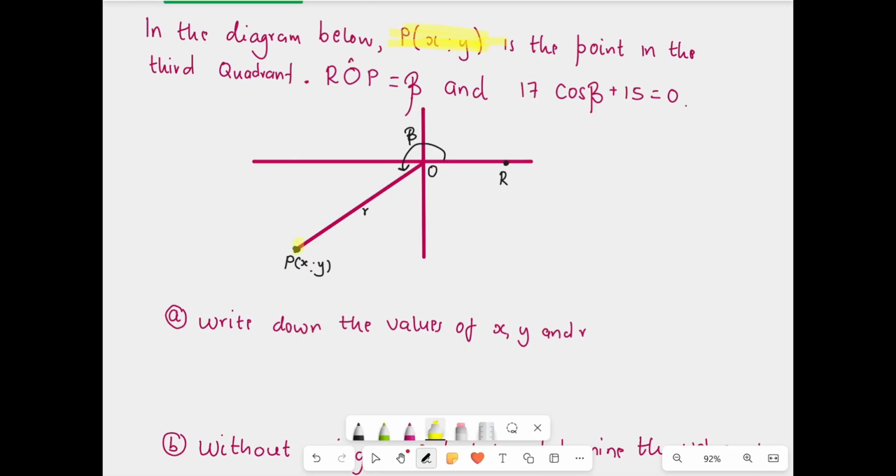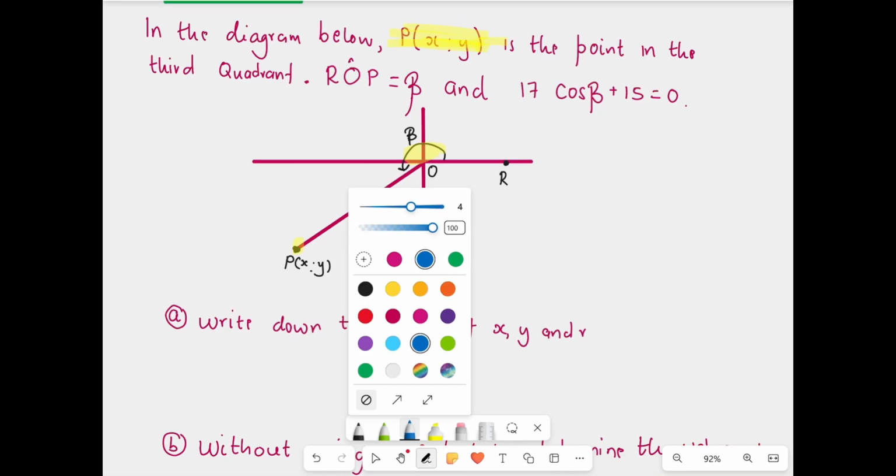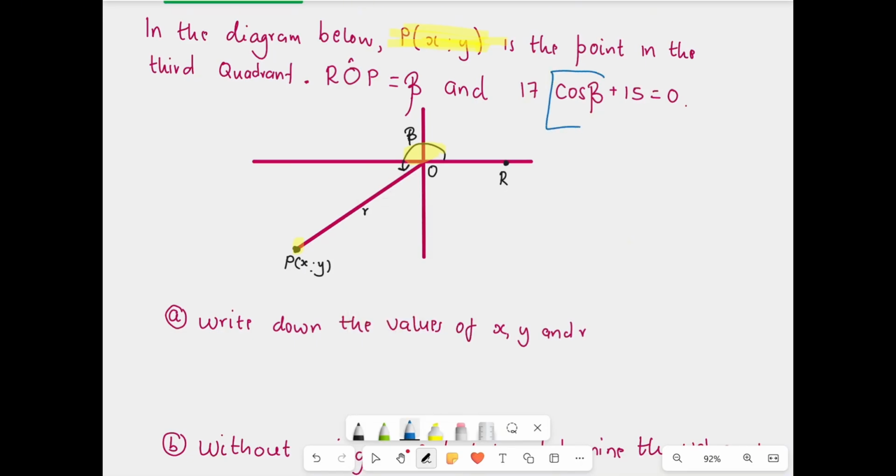Angle ROP, this angle here, is equal to beta, and we are given 17 cos beta plus 15 is equal to 0. Remember, every time you come across this nature, you need to make sure that cos beta is the subject of the formula. So we are going to transpose 15, then divide by 17.